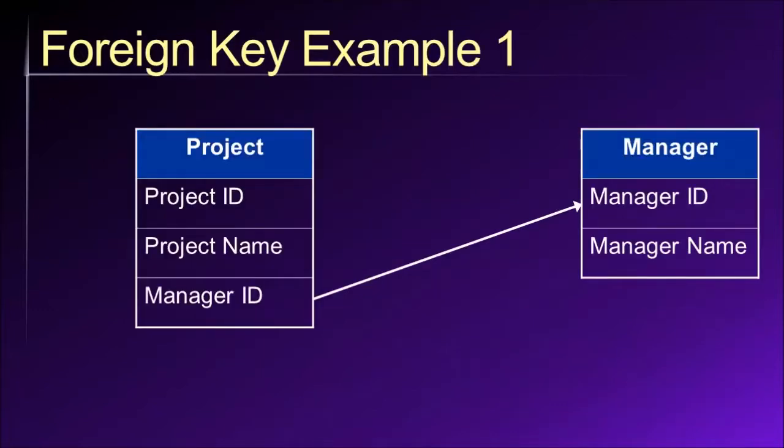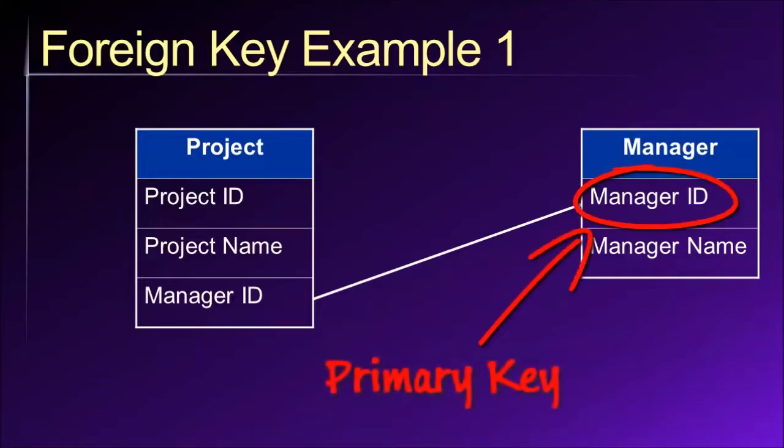Here we see an example. On the left we have a project table, which is just represented here by its attributes. So each project contains a project ID, a project name, and a manager ID. On the right we have a manager table, which contains two columns. They are the manager ID and the manager name.